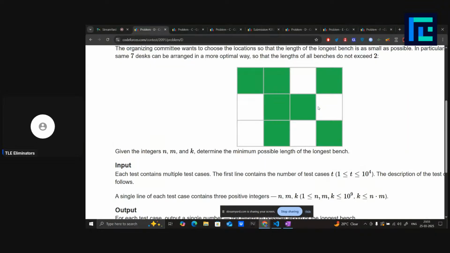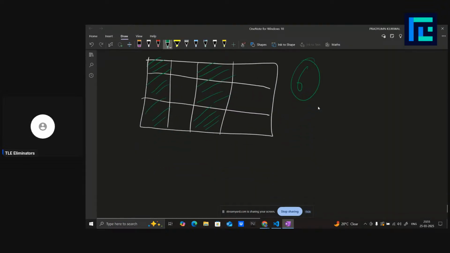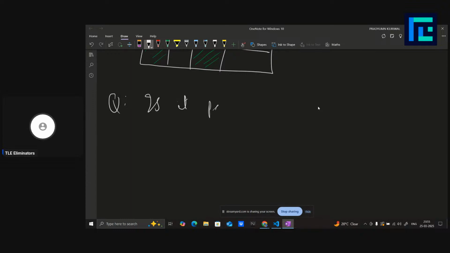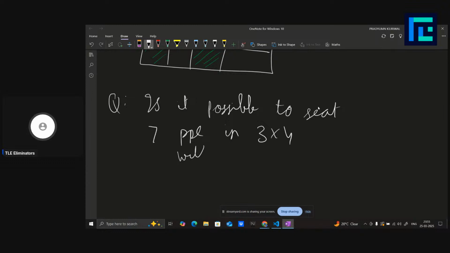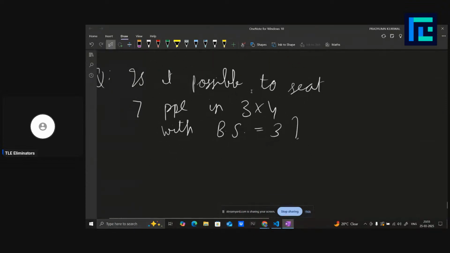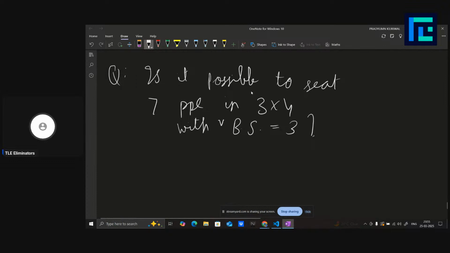If I ask you a question: is it possible to seat 7 people in a 3 by 4 matrix with maximum bench size equal to 3? Will you be able to answer this question?